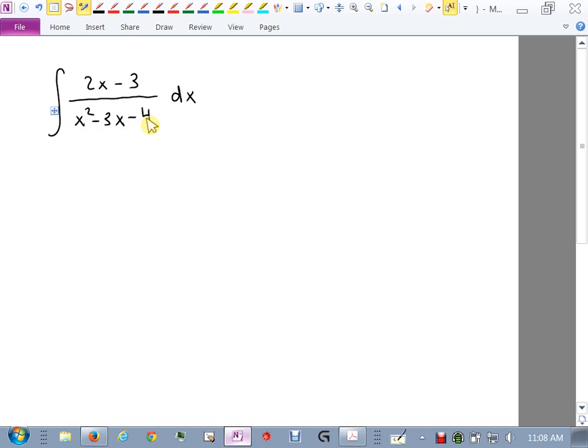So if I let u be the x squared minus 3x minus 4, then I have exactly 2x minus 3 dx. That's the derivative, and that's exactly what appears up top. And I'm really, really happy to see that, right? Because I can replace 2x minus 3 dx with du, and then the bottom here becomes a u.